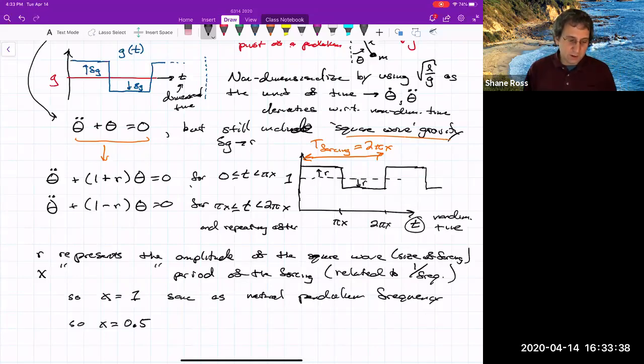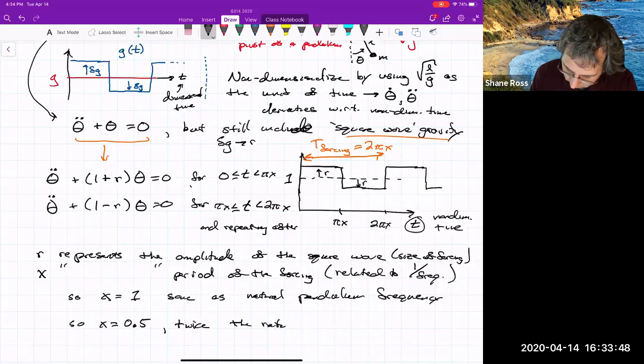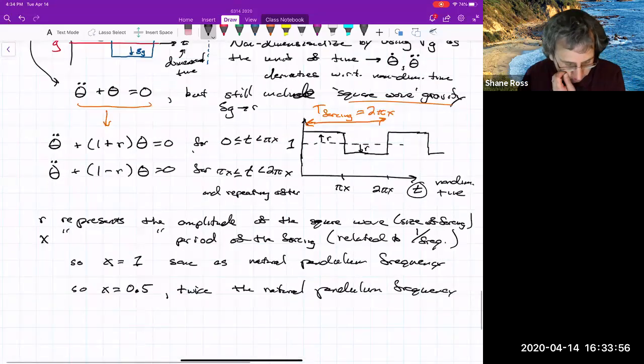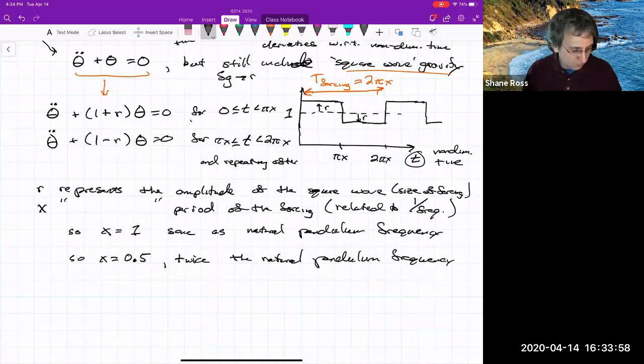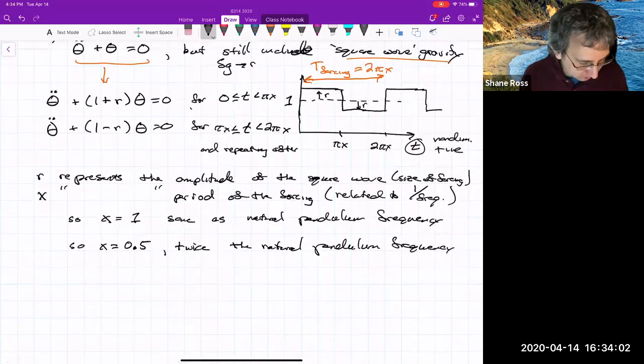That means we're doing forcing at twice the natural pendulum frequency. Etc. Maybe if we chose x to be something irrational, then we get something else.